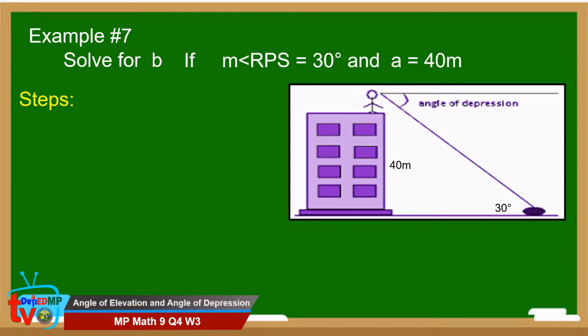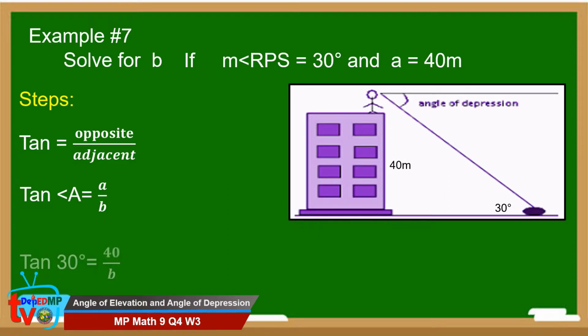If you try to look at it carefully, the angle formed from the car to you on top of the building is like the angle of elevation. Hence, which among the ratios shall we use? Very good. We will use tangent. Now, substitute the variables to the formula. Then, substitute the given measures.